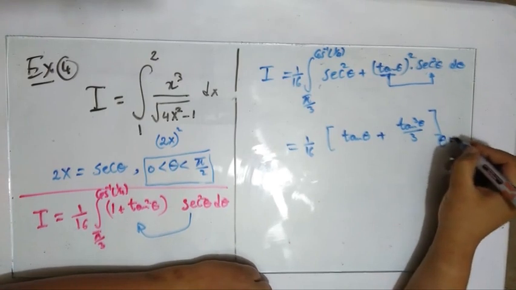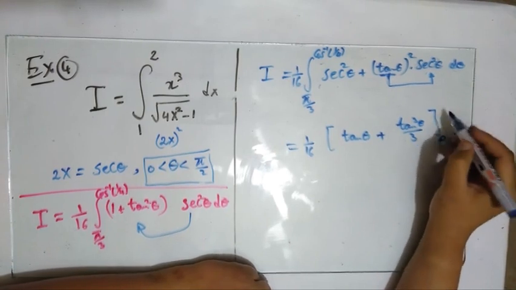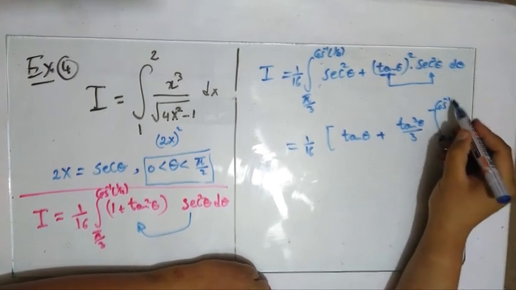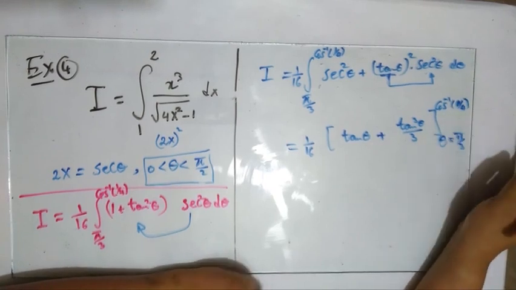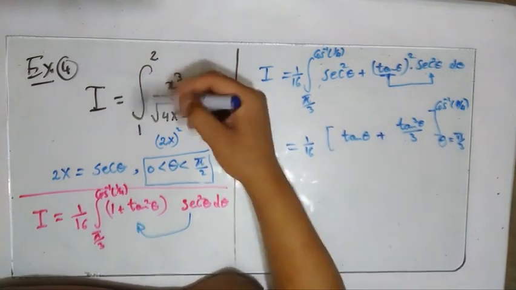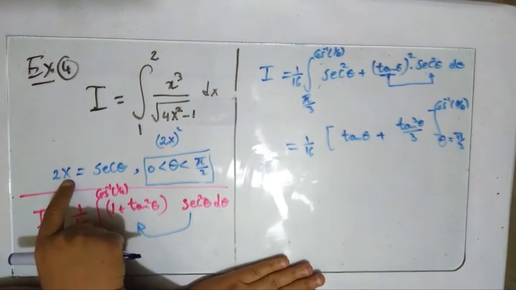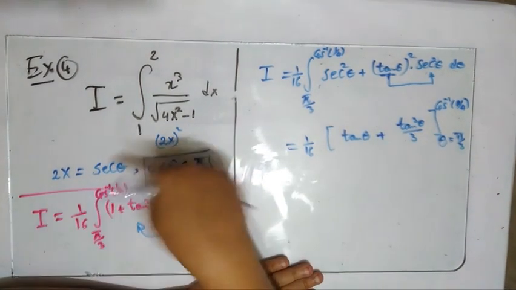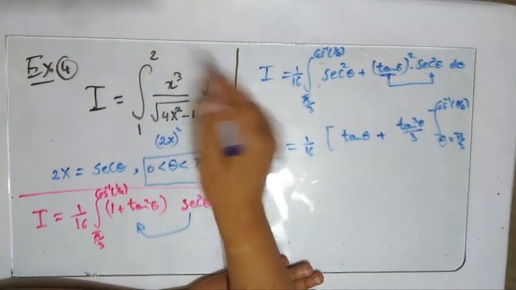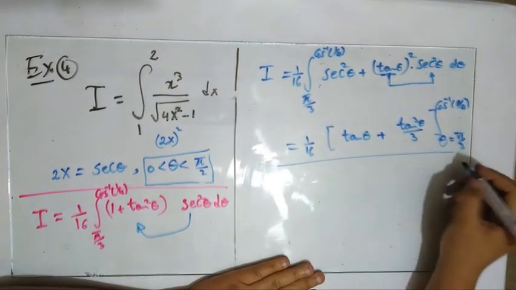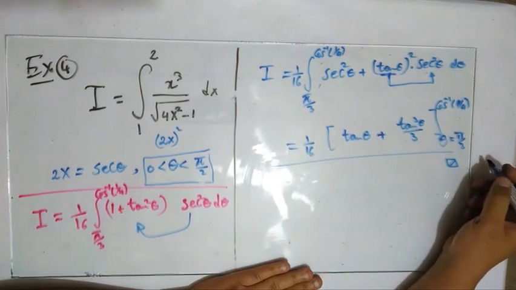And theta will change from pi over 3 to cosine inverse of 1 over 4. Since this is a definite integral, you don't need to rewrite everything in terms of x, because from the beginning this integral is a number. And in this way we are done with this example.